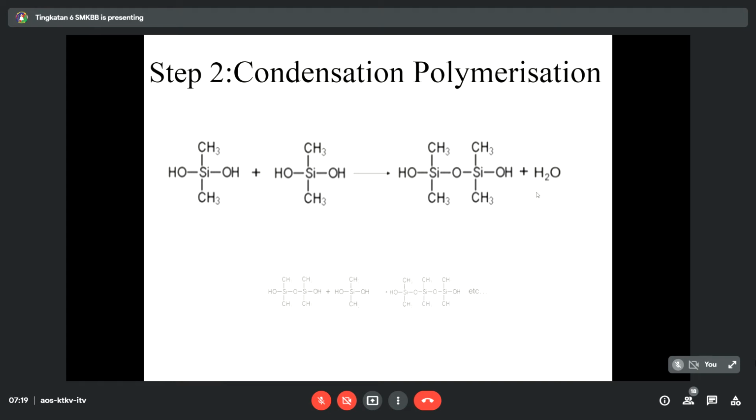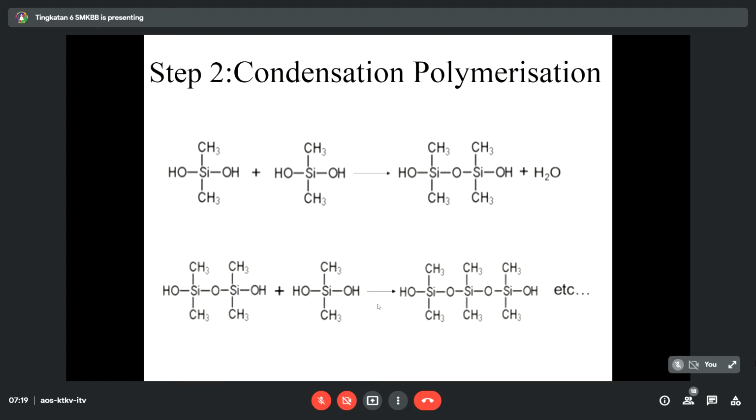Now let's say I add in the third unit. Same thing, the OH and this OH connect, and you need to get rid of a water. Then it will connect. See that? The process goes on and on. Of course in industry it can be controlled how long they want it. This one is a straight chain.